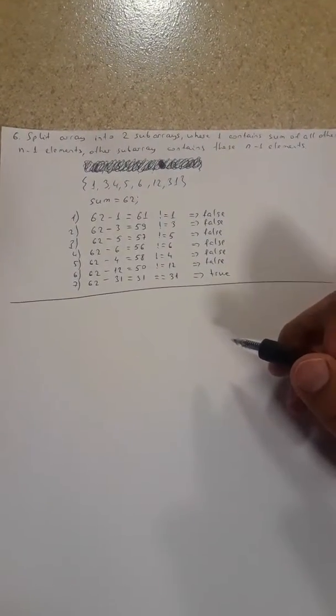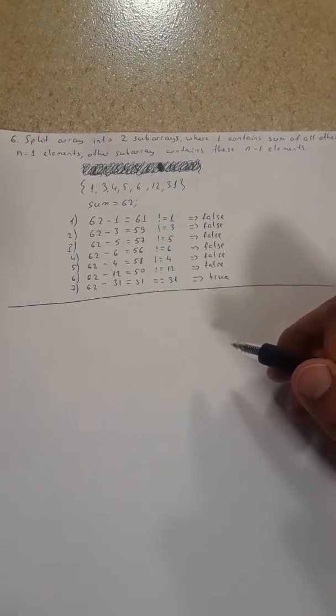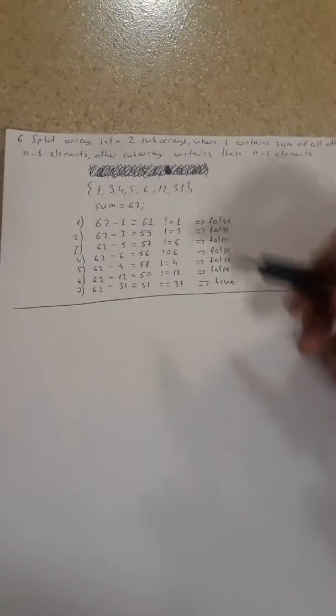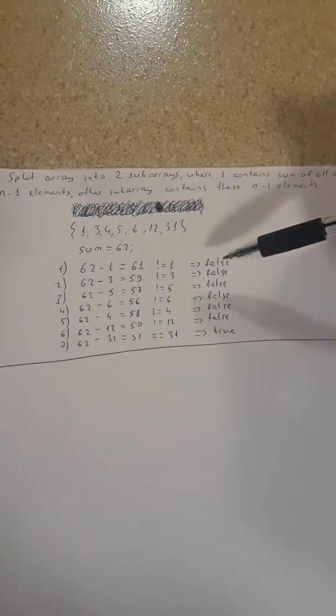First of all, we will need to find the element which is the sum of all other elements, and one way to do it is to calculate the sum of all elements in the array.